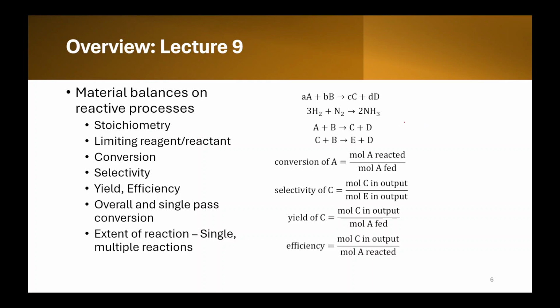This is the reaction given here. This is the reaction to form ammonia. Here we see that 3 moles of hydrogen and 1 mole of nitrogen react to give us 2 moles of ammonia, and this is a balanced equation.